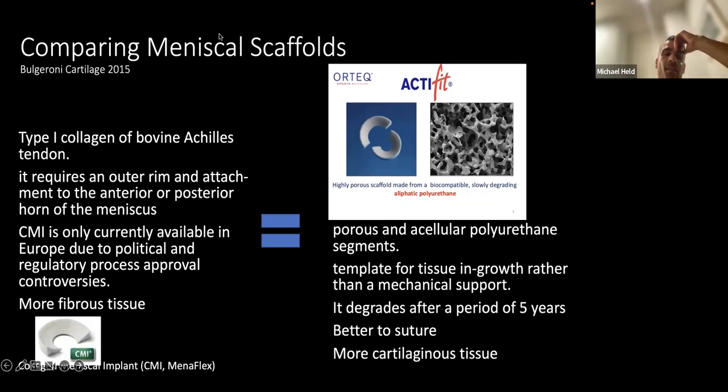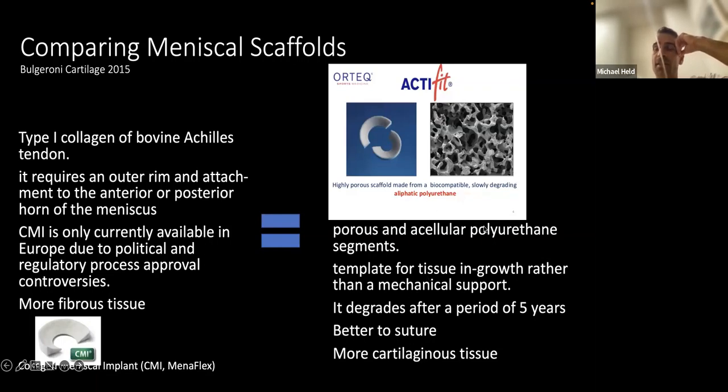And there's a big fight between these two companies, and so the ActiFit doesn't want CMI to come to the States, so it's only available in Europe.